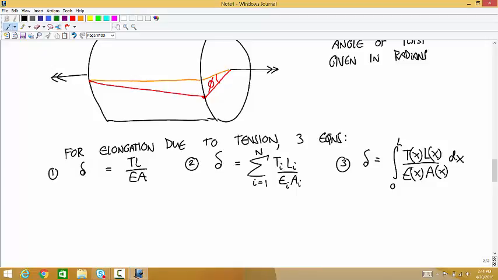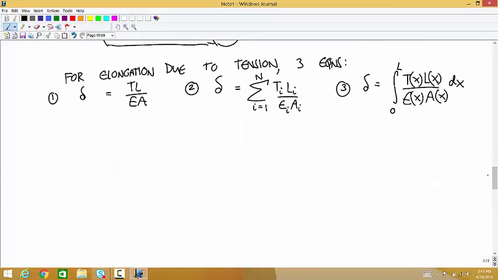And so it's going to be similar with this. We're going to have a constant one, a piecewise constant one, and a continuous one, and they're all going to have similar forms to each other.